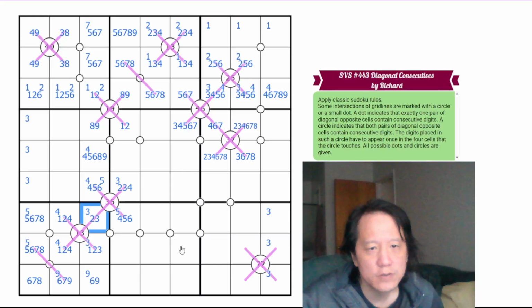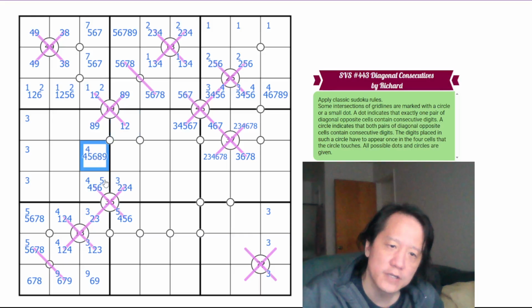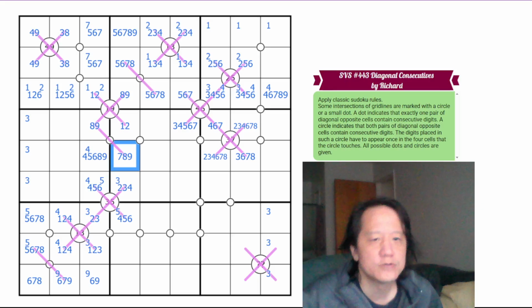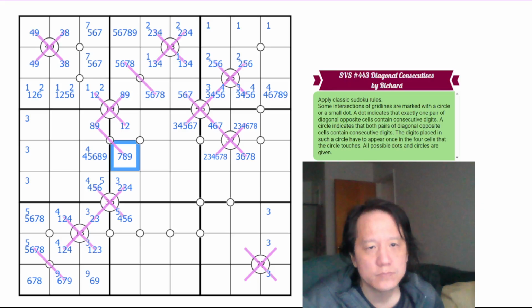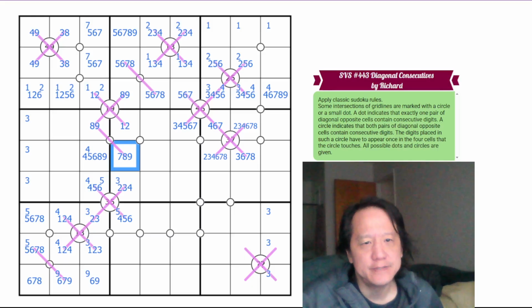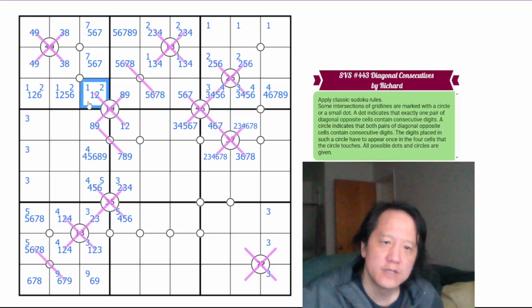What else do we know? We know 1 and 2 are not consecutive with 4, 5, 6, 8, 9. So this must be consecutive this way. So this is 7, 8, or 9 here. Interesting. Say these were the consecutive ones.